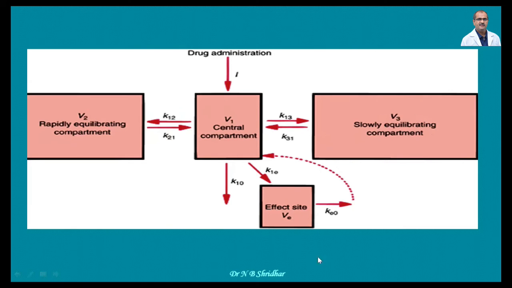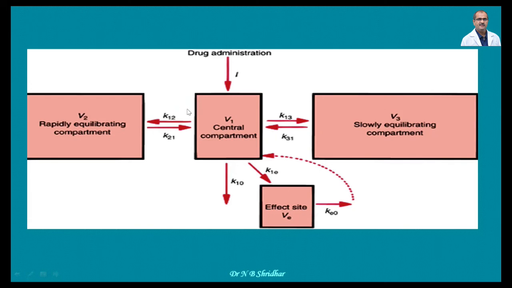So suppose you administered the drug 1000 milligram to a person weighing 60 kg, then the entire 1000 milligram will be in the blood for a very short time. Then there will be formation of the equilibration because of the concentration.